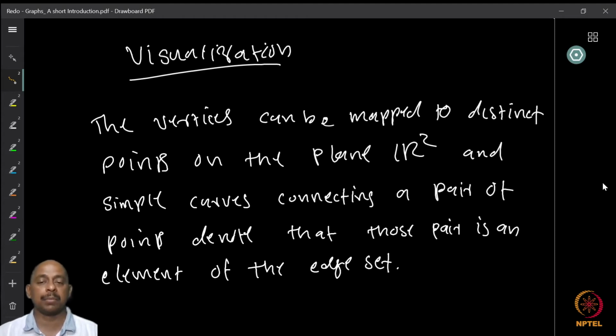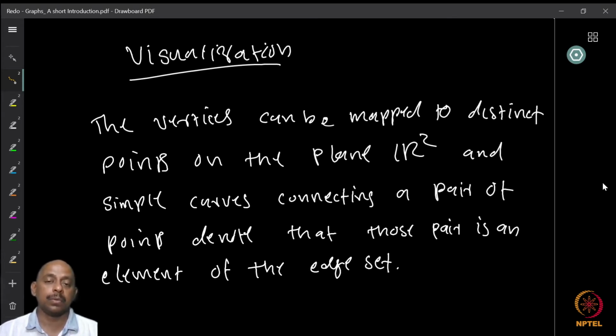All these things can be represented as graphs. So this is one of the main reasons why it has a wide range of applicability. Now, it will help if we can actually visualize these relations.